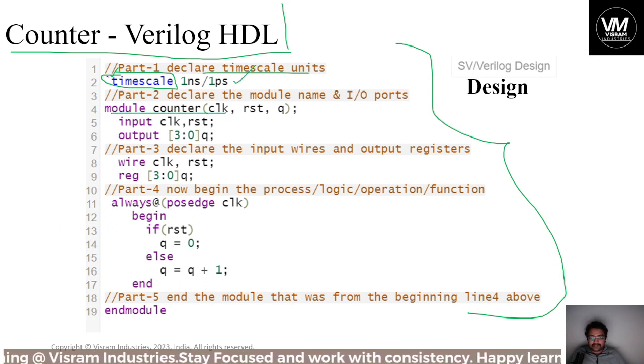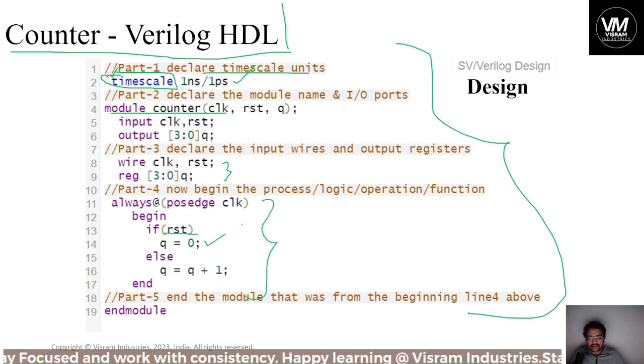Part 2 declares the module with inputs and outputs. Part 3, wires and registers. And a simple counter design: if reset, the output will be 0. Q is the output here, and it's a 4-bit output, so we are counting up to 15.